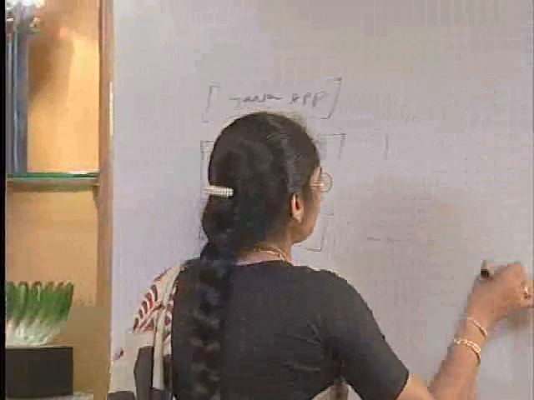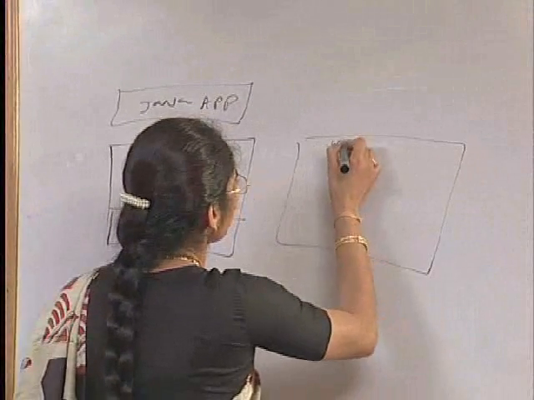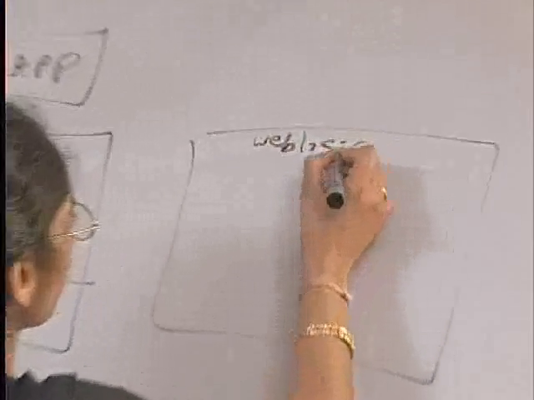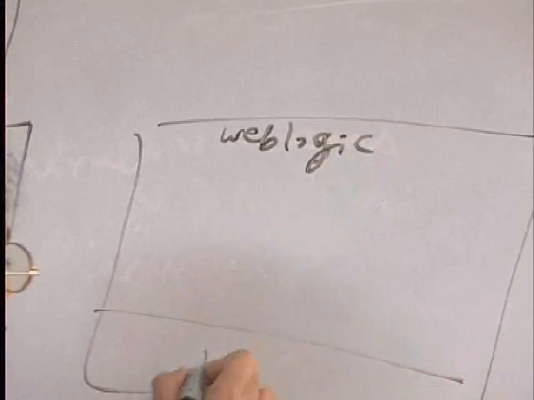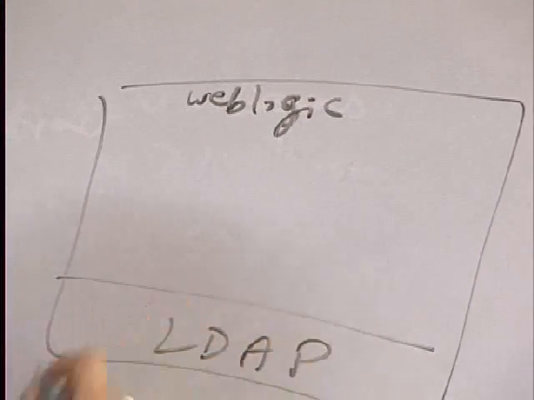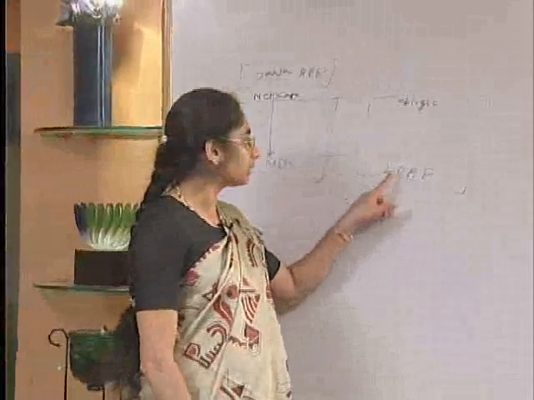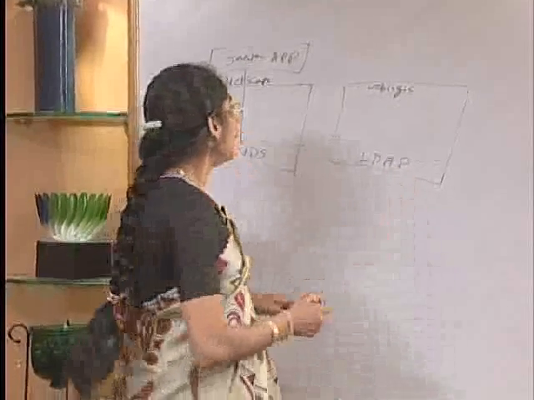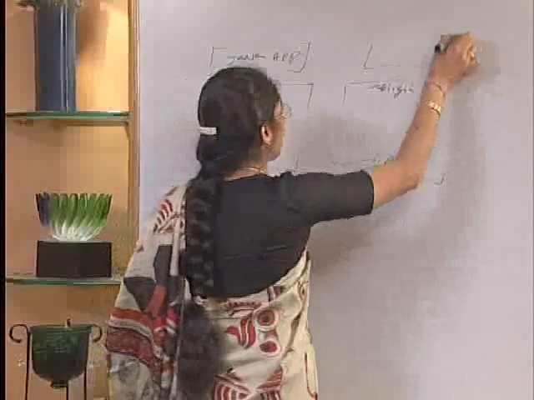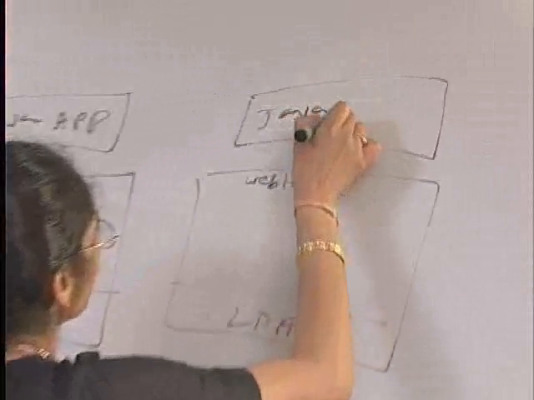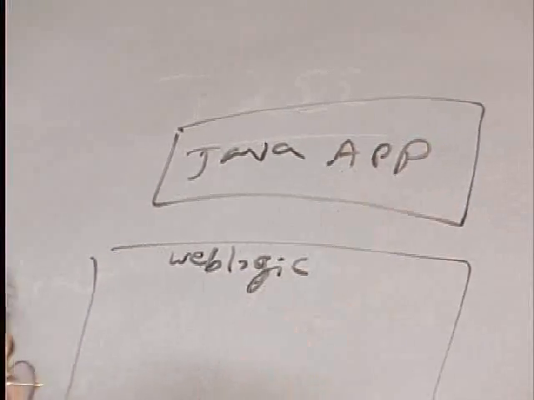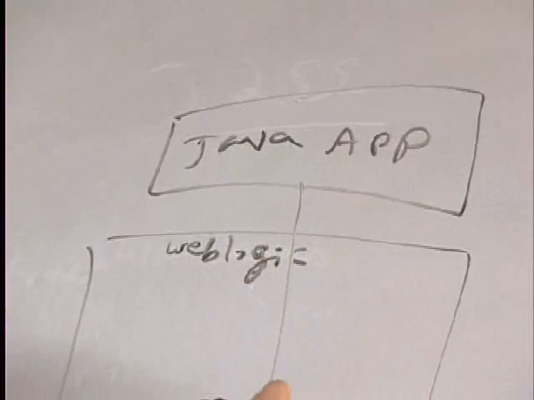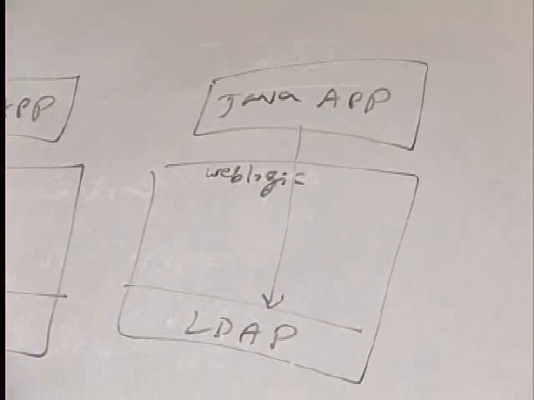Similarly, let's say WebLogic has what is known as an LDAP service, which stands for Lightweight Directory Access Protocol. And if I were to write a Java application which needs to talk to LDAP, I will use the LDAP set of APIs.